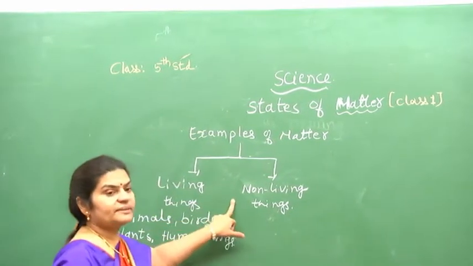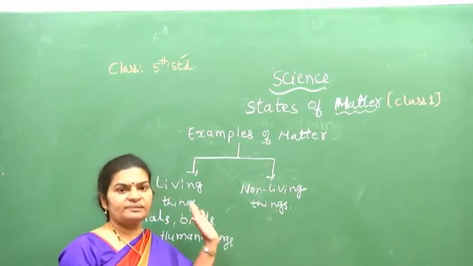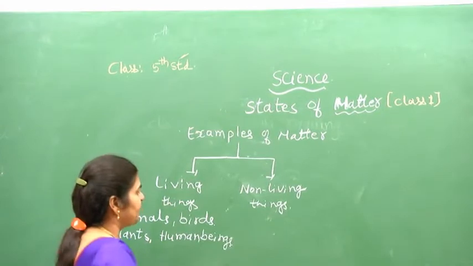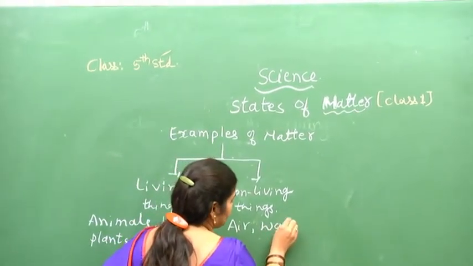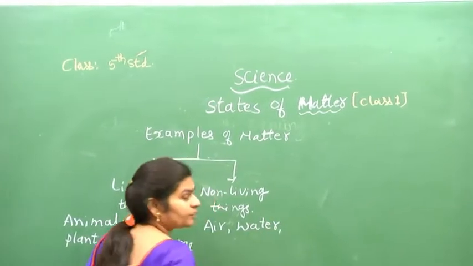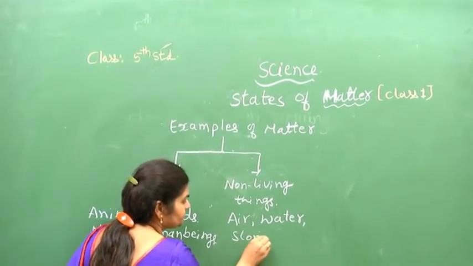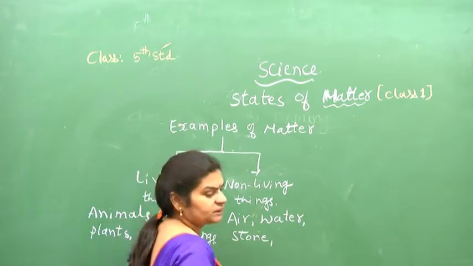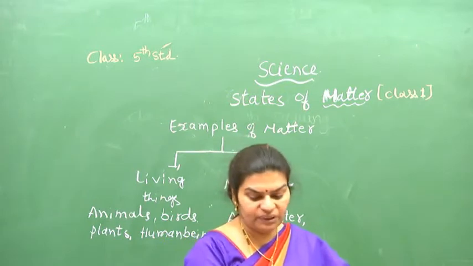When we consider non-living things, there are so many, and you can give examples: air, water, stone, table, like that. So many things we can give as examples.